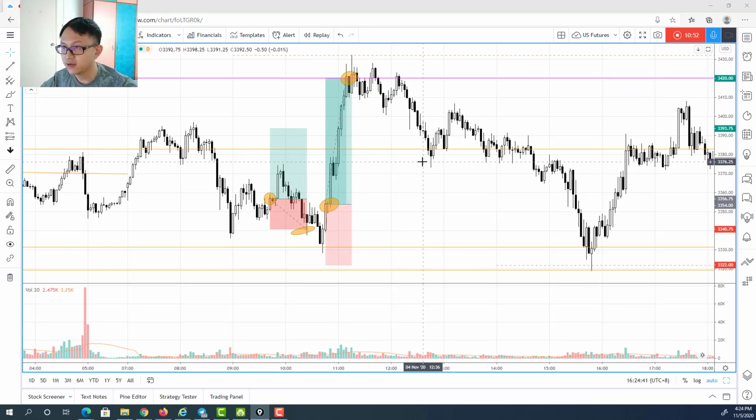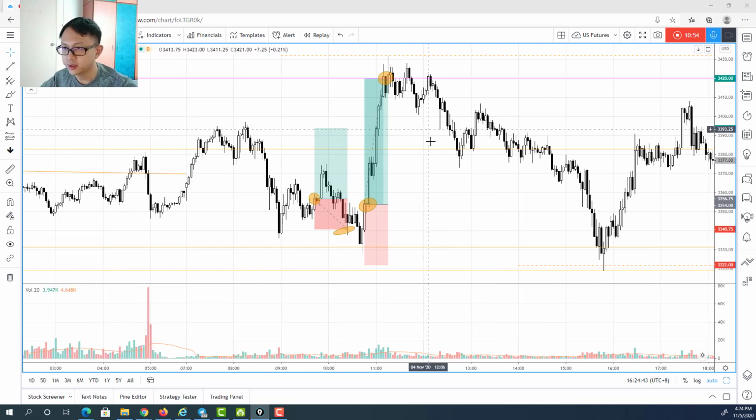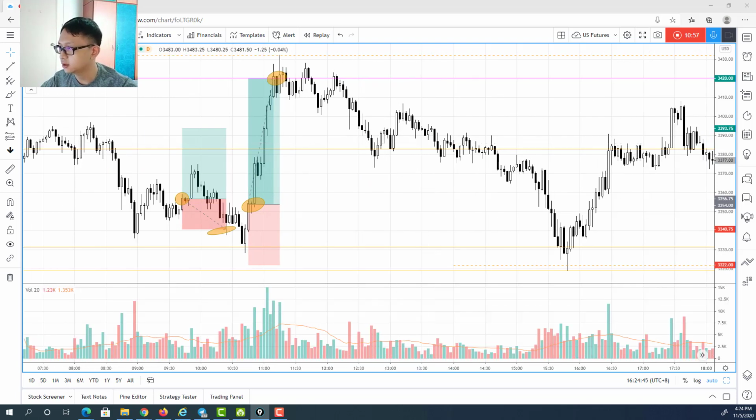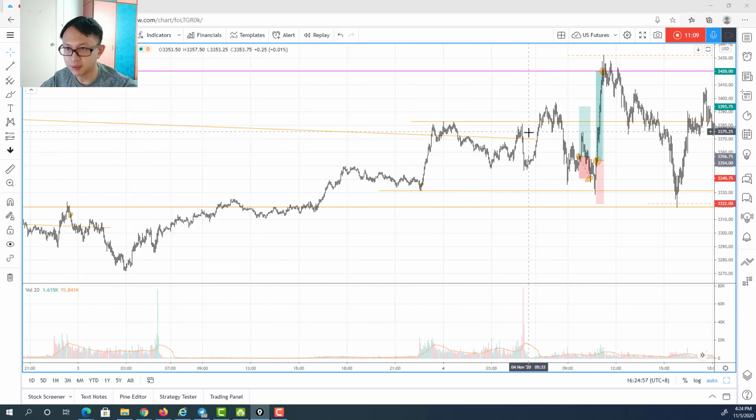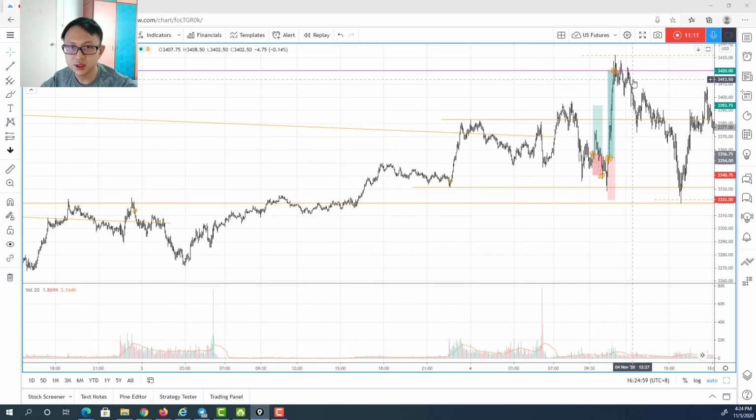Right after that, there's certainly a short entry, probably somewhere around there, because if we want to catch a swing, then we need to mark up the support and resistance levels.